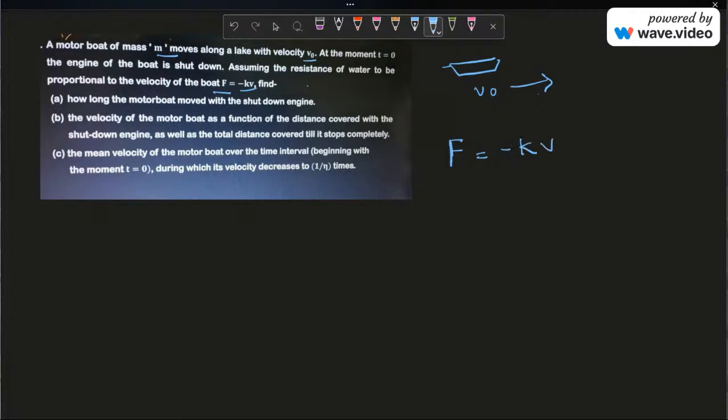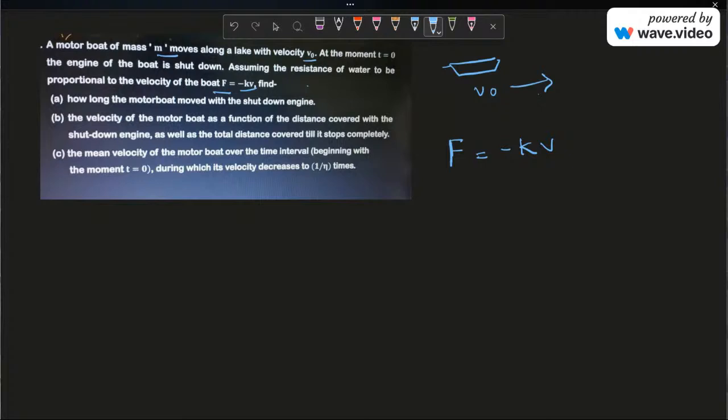What we have been given is only the initial velocity v naught and F is equal to minus kv. And at time t is equal to zero the engine is shut down, so engine is not working. That means no forward force is there.